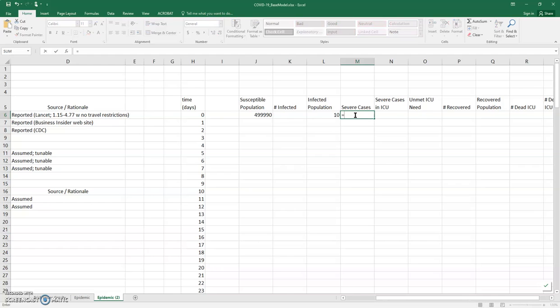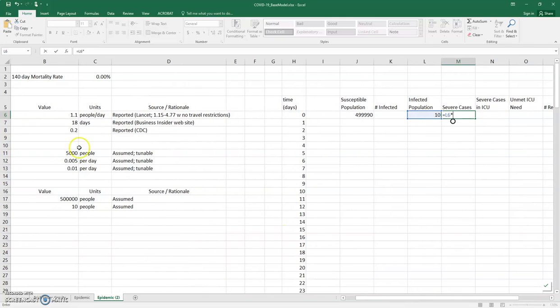So if we just set that equal to the total number of infected individuals times the fraction of those that are severe, we have L6 times B8. Remember that B8 and these other parameters are unchanging over the course of this. So as we're going to replicate this line down further, I want to make sure that the B and the 8 are absolute cell references, so those don't change.